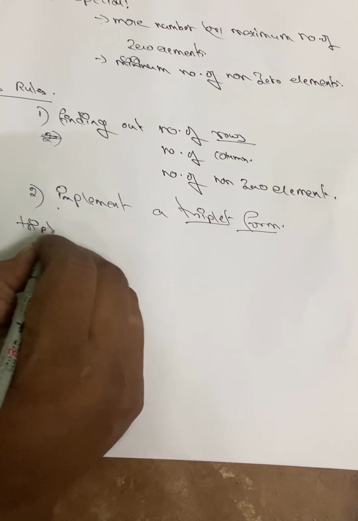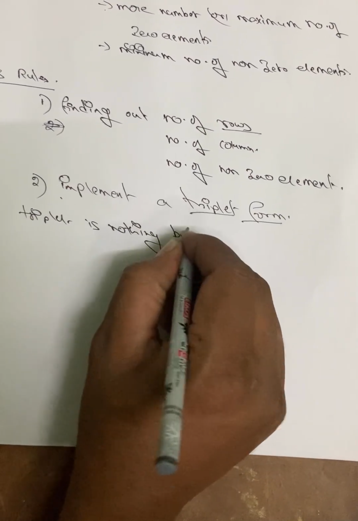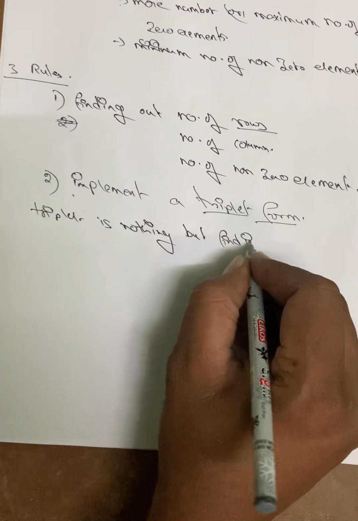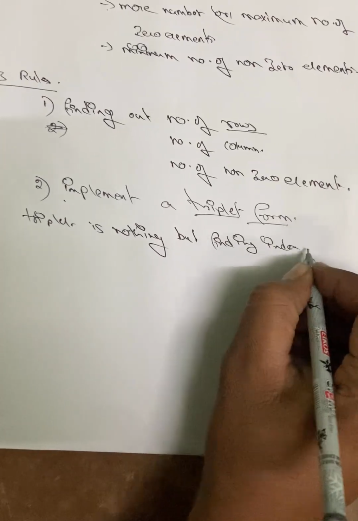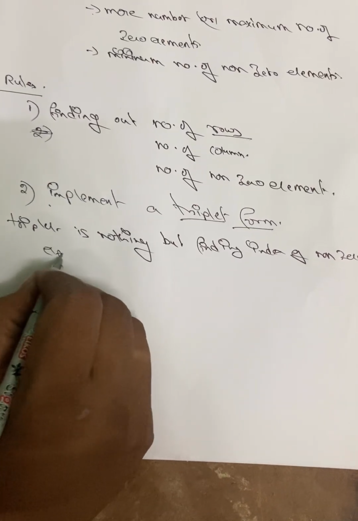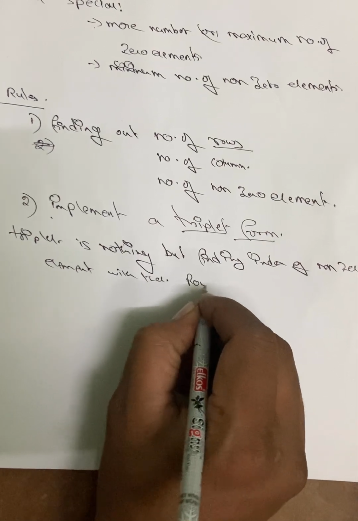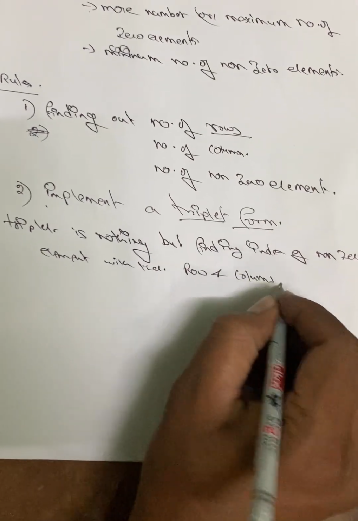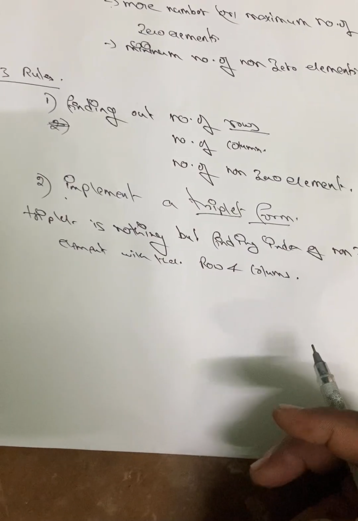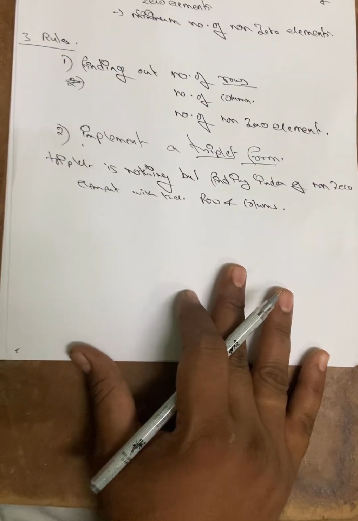Triplet form is nothing but finding the index of non-zero elements with their row and column. So a triplet form is a very simple form in which we define the non-zero elements with their rows and columns. So this is the second rule to remember.